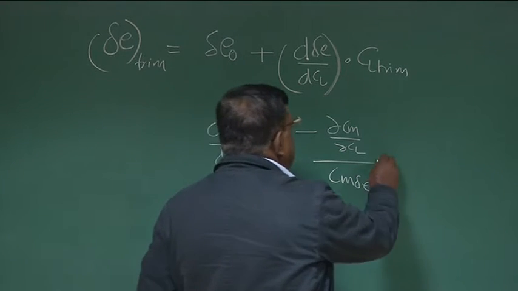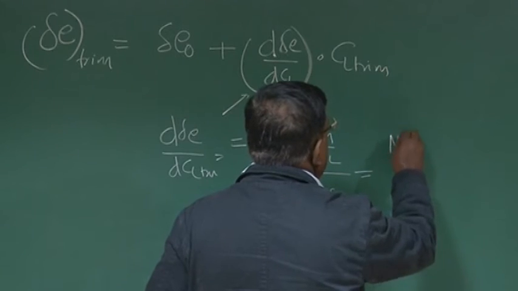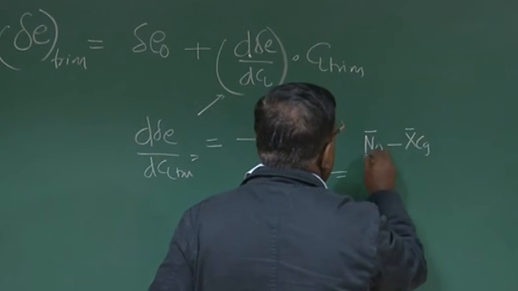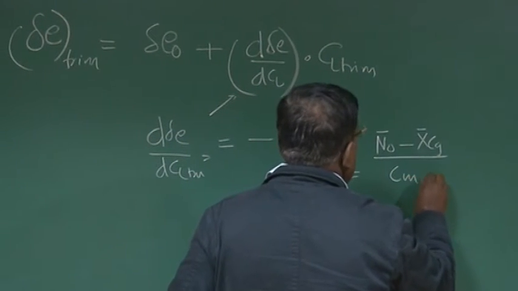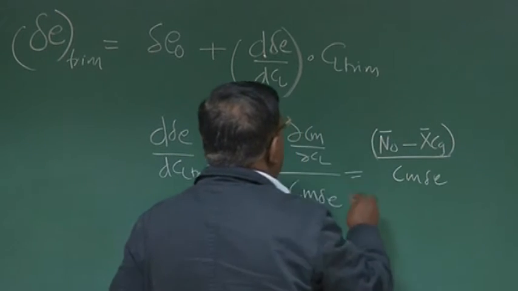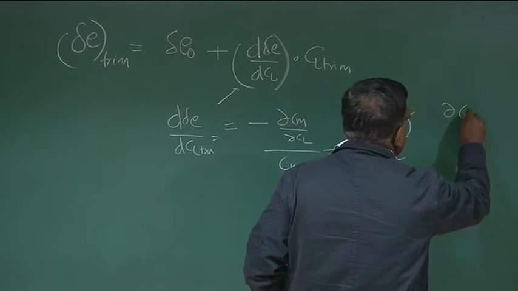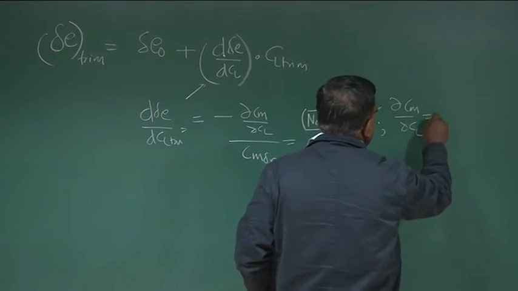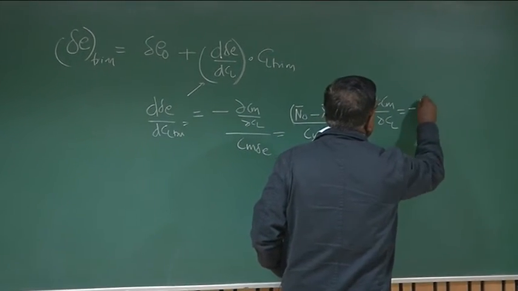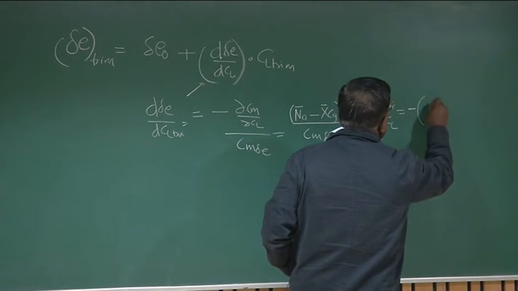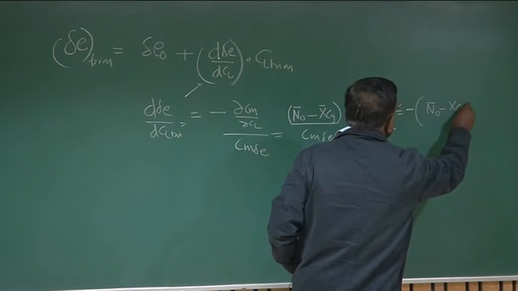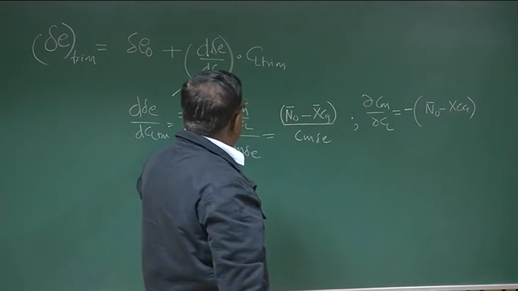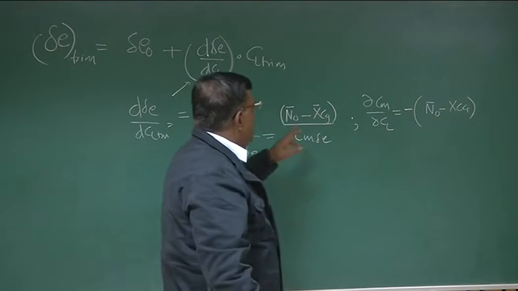And so I can write this as N naught minus xCg bar by Cm delta E. This is clear because we know dCm by dCL is equal to minus static margin. Minus of static margin is neutral point minus xCg location. So if I put it here, this minus sign goes, so I have got this.